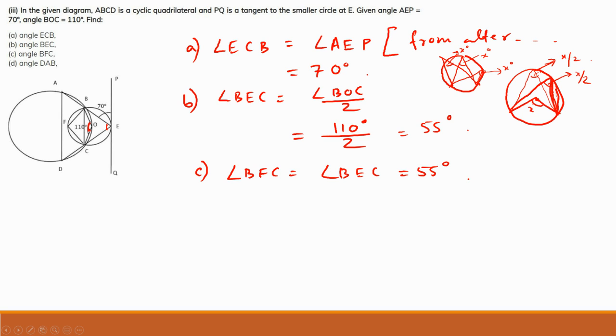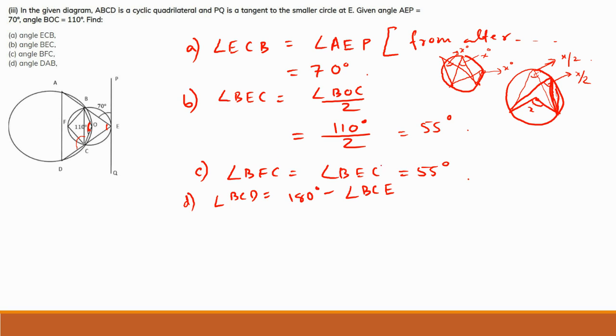Okay. So now the last part. Okay, is the cursor working or not? Yeah. The last part, we have to find angle DAB. Now you see, first we will find this angle here. What will be this angle? Angle BCD. This will be 180 degree minus angle BCE, right?